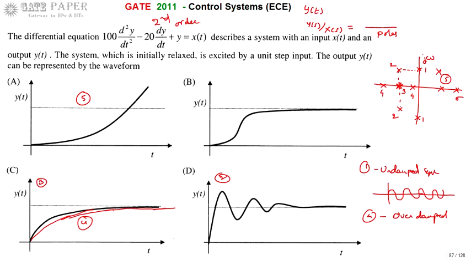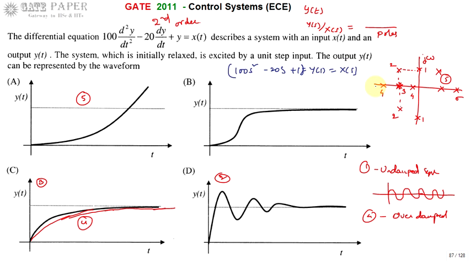Now we are going to find which case relates to the given expression. For that, we apply the Laplace transform and find the poles. From the pole location we can specify the output. Applying the Laplace transform with initial conditions zero, we get (100 s square minus 20 s plus 1) y of s equal to x of s.